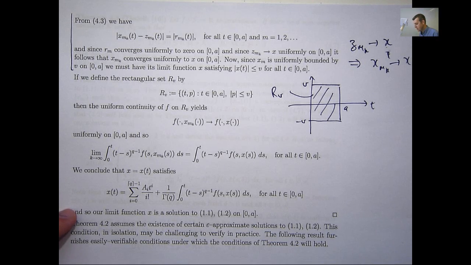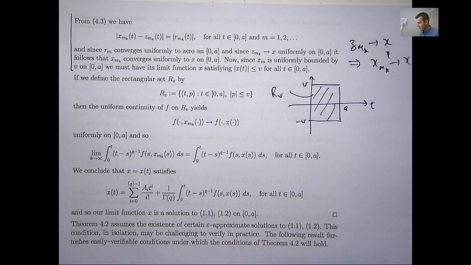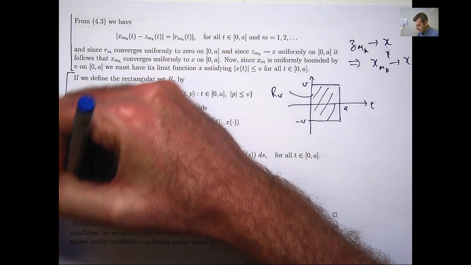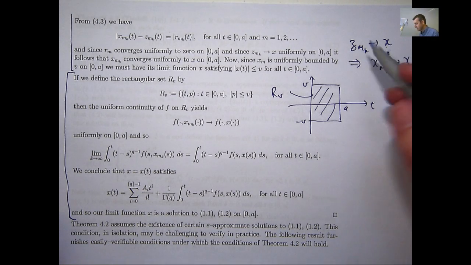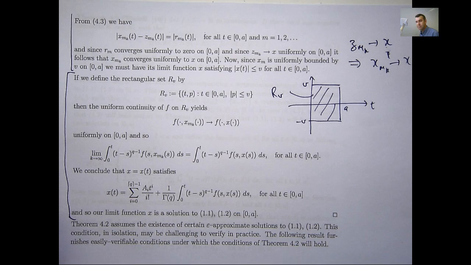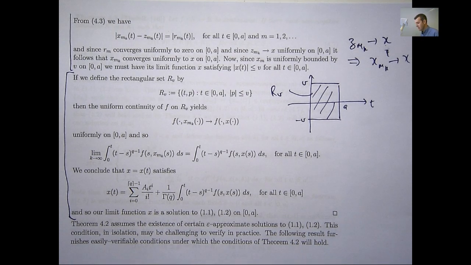Okay, so this is like the final step here, showing that the limit function x must be a solution to our original problem.